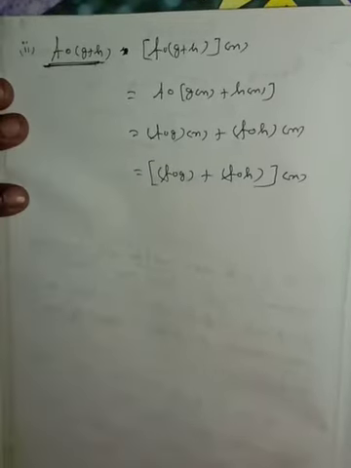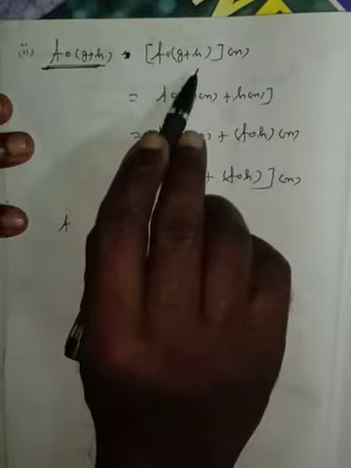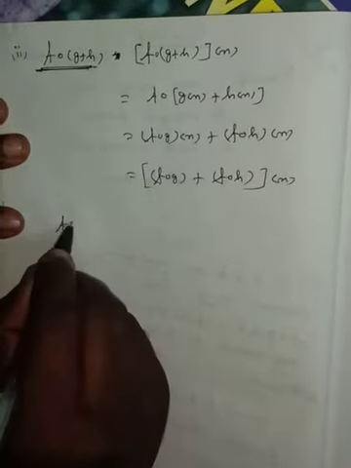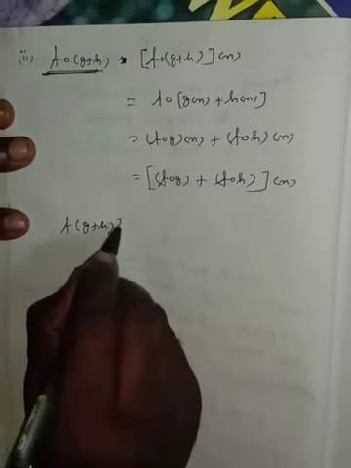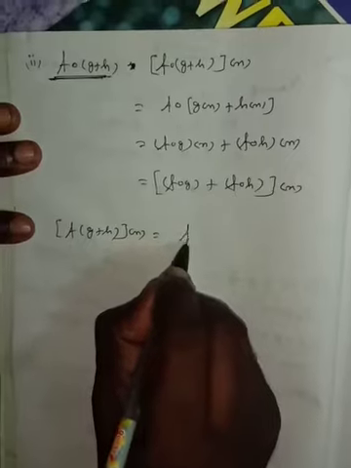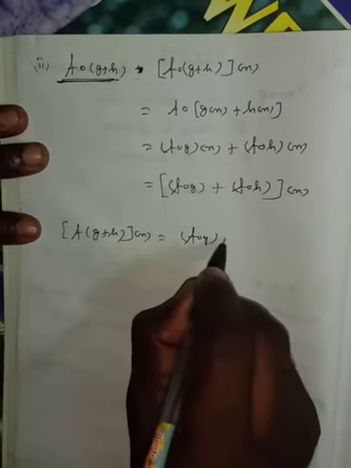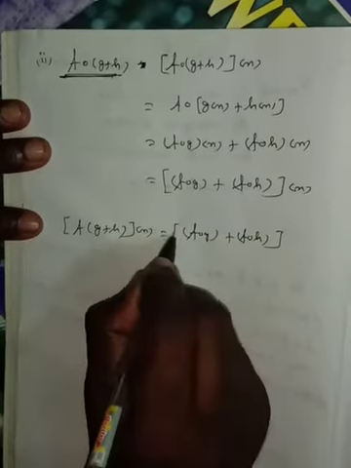Now f of (g plus h) operating upon x is equal to f of g plus f of h of x.